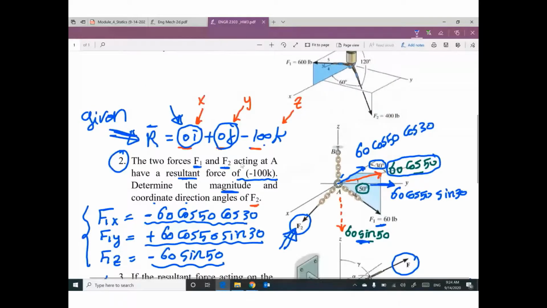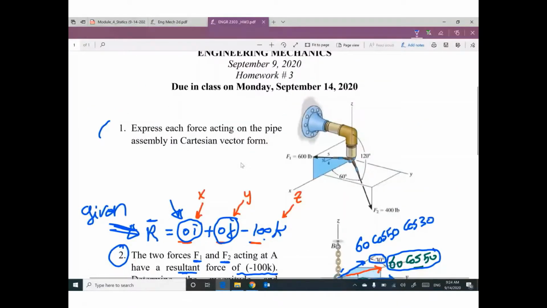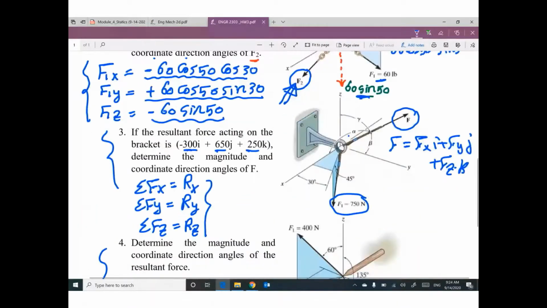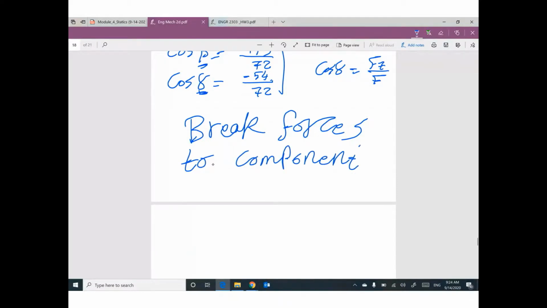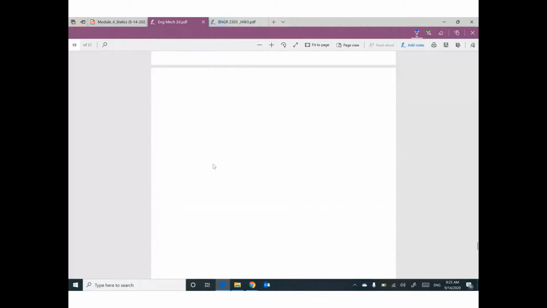This one is a piece of cake also. The main idea: break forces into components. Summation of all X components equals the X component of the resultant, summation of all Y components equals the Y component of the resultant, and summation of all Z components equals the Z component of the resultant.